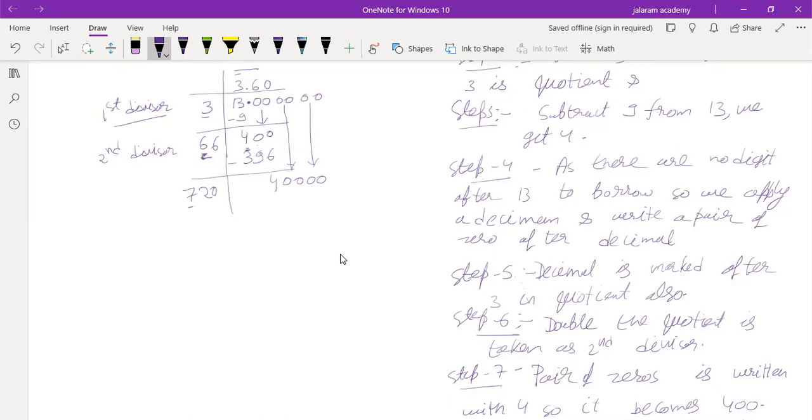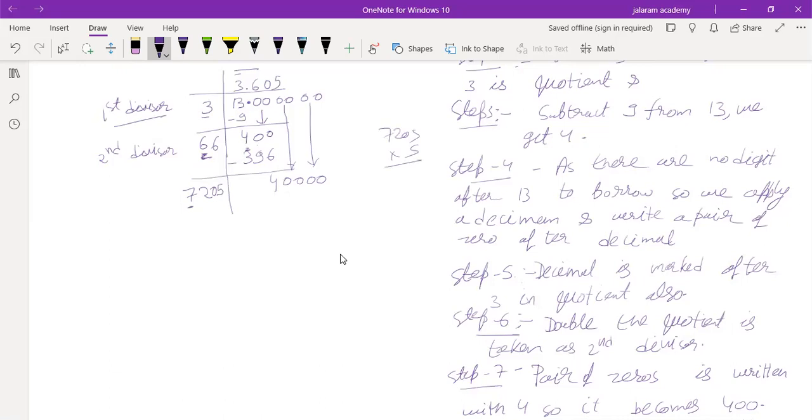Now we again use the multiples of 7 till it becomes less than 40. So 7 fives are 35. So we have to increase 5 after 720. It becomes 7,205. And we have to multiply it by 5.